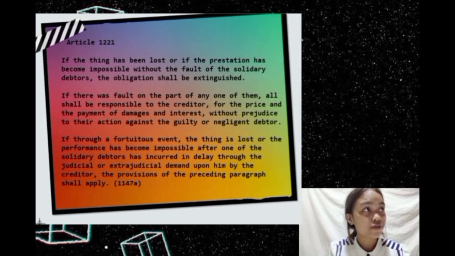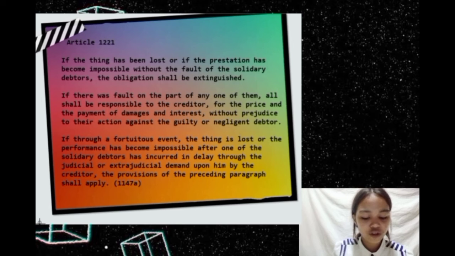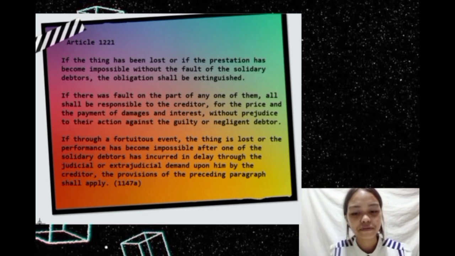If through a fortuitous event the thing is lost or the performance has become impossible after one of the solidary debtors has incurred in delay, through the judicial or extrajudicial demand upon him by the creditor, the provisions of the preceding paragraph shall apply.